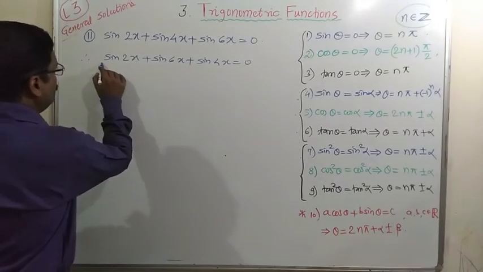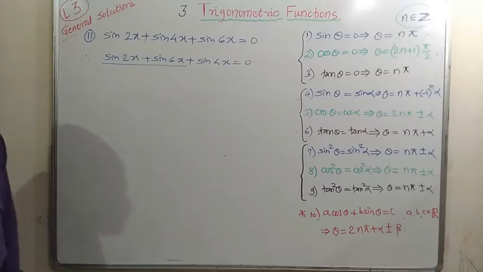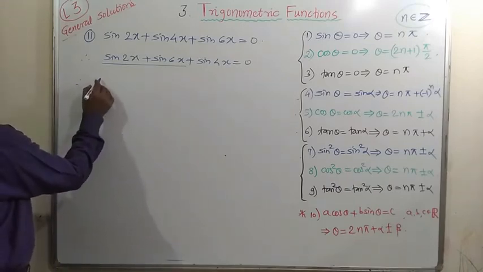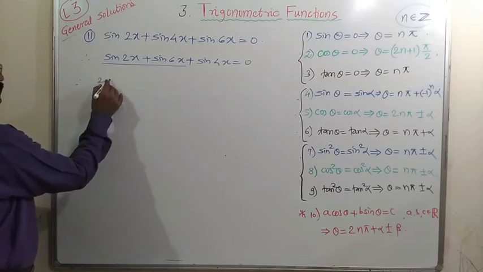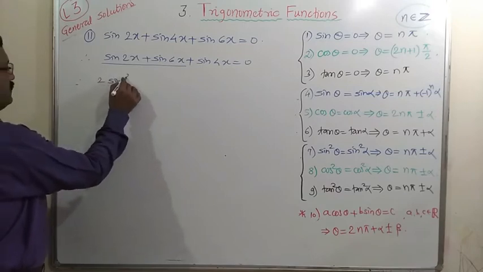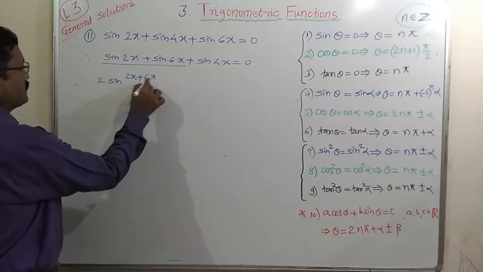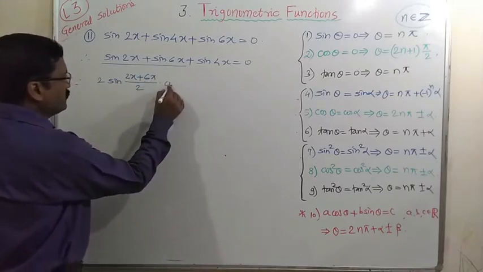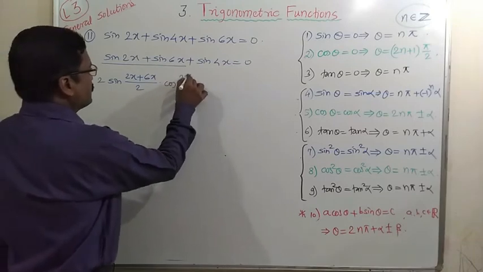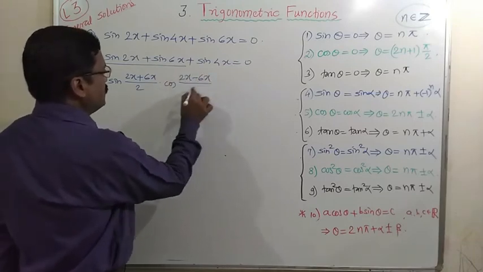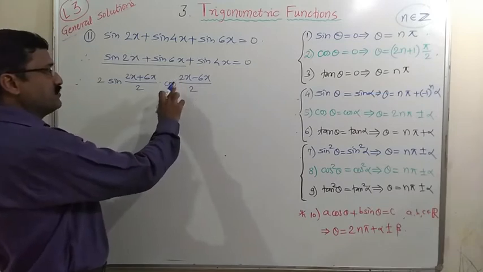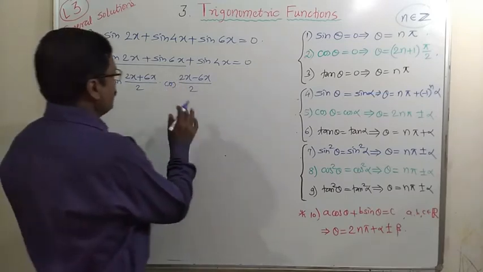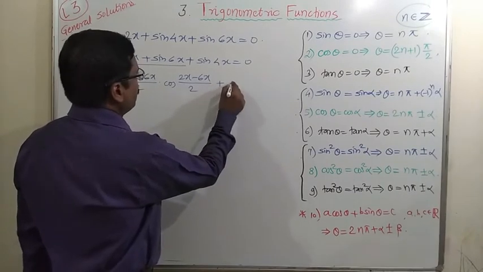Why? Because if we use the factorization formula for these two functions, sin plus sin is 2 sin of (2x plus 6x) upon 2 into cos of (2x minus 6x) upon 2, or we can write 6x minus 2x, because the cos function is an even function, so we can take either plus or minus with no change.